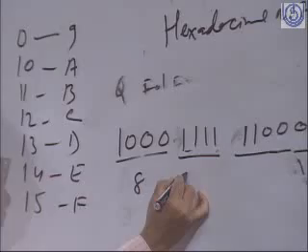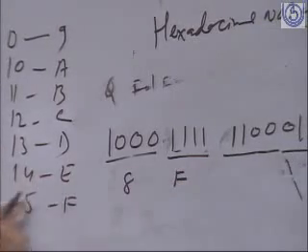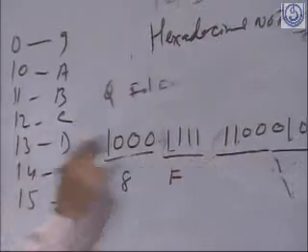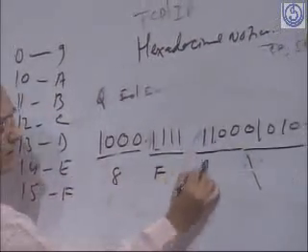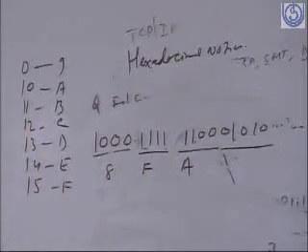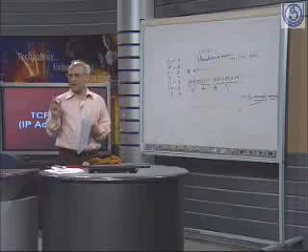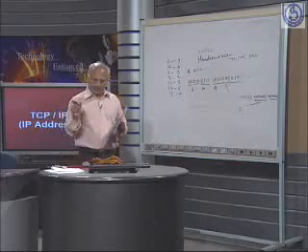So I will write F, since 15 is your F: 8F. This is 8 plus 2, 10, and 10 is my A. This way I will define it. So how many hexadecimal digits will I have? 8 hexadecimal digits, and each one comprises 4 bits.